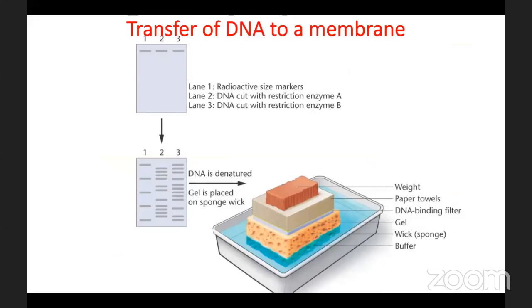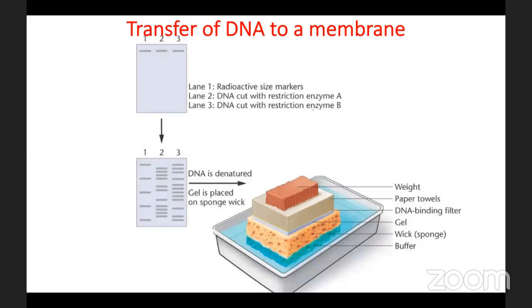That is not easy to handle, so it is desirable to transfer the DNA fragments from this agarose gel to a membrane, because a membrane is nothing but a paper kind of thing. Your DNA is now transferred to that paper. So in blotting, basically, we are transferring the DNA fragments obtained after electrophoresis to a membrane.